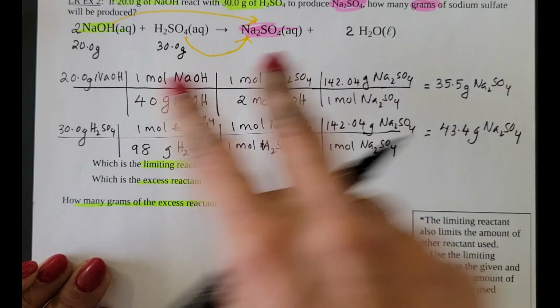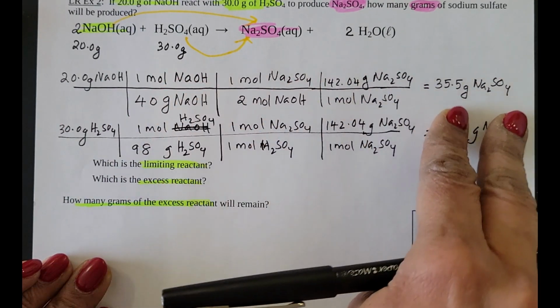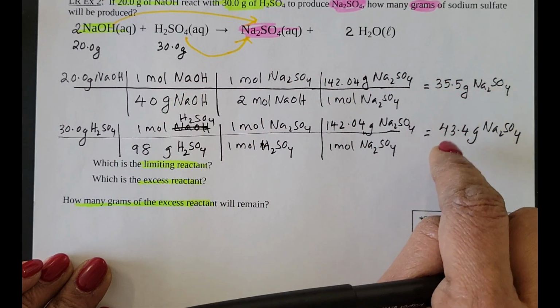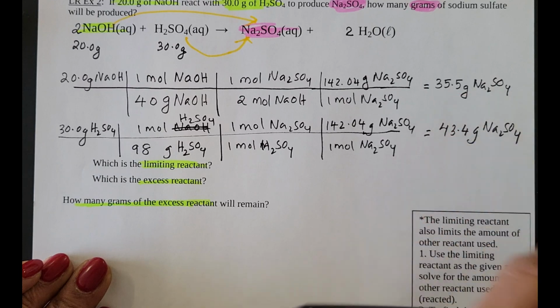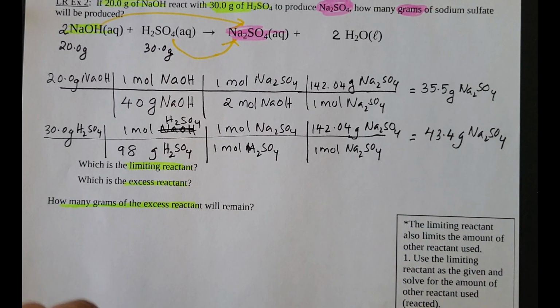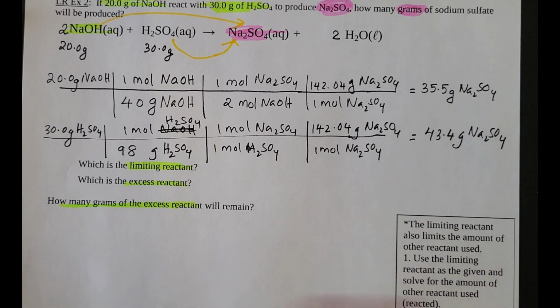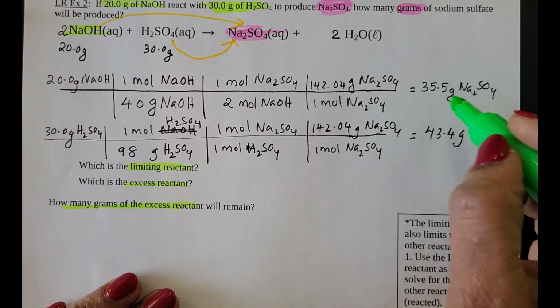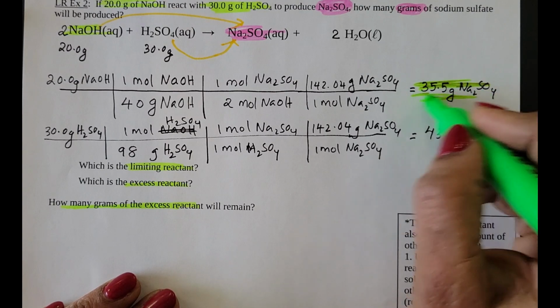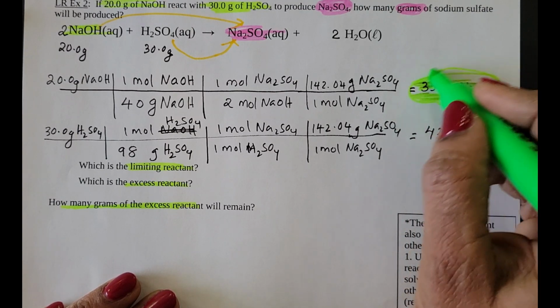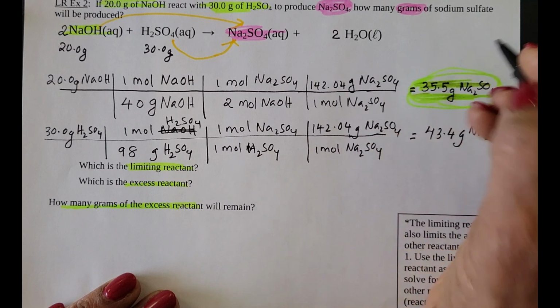So now you did two separate T-charts and you got two final products. Look at the values and decide the theoretical yield. Theoretical yield is always the smallest value. So highlight that and write that as your theoretical yield.